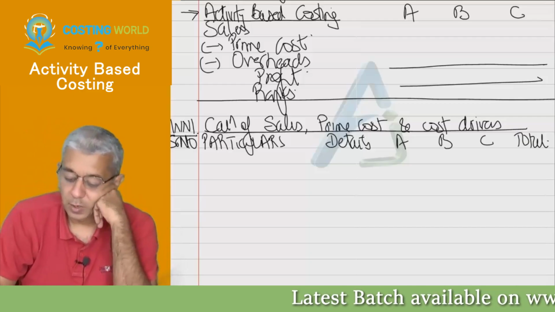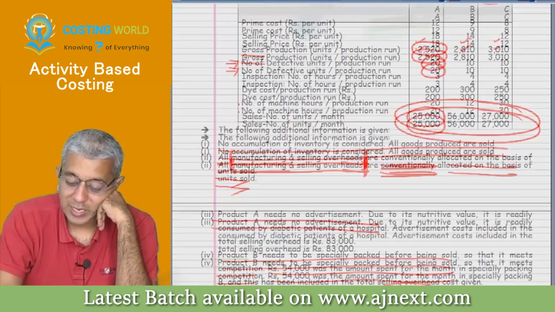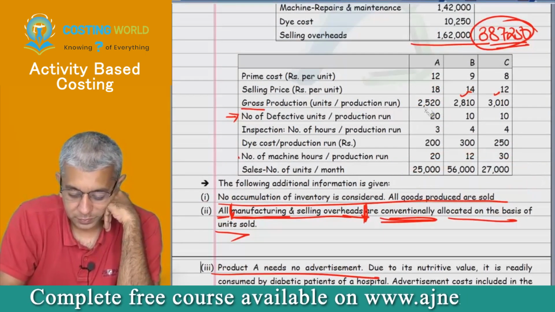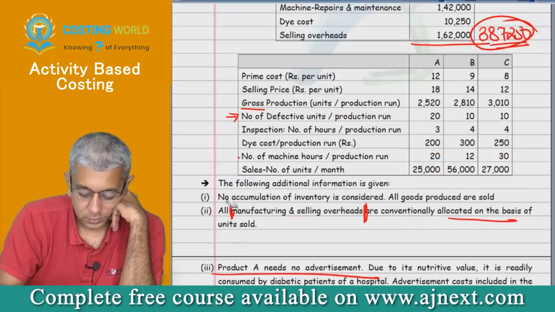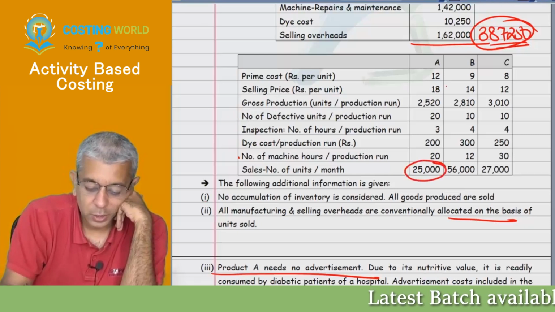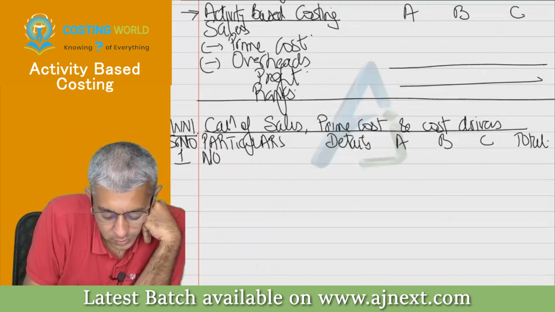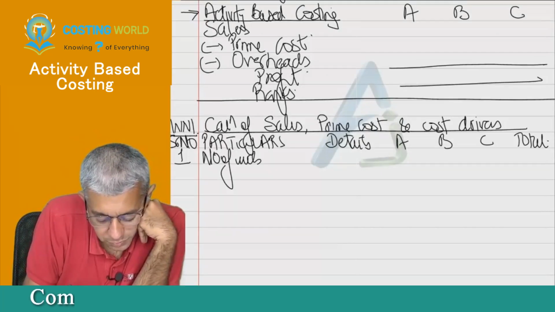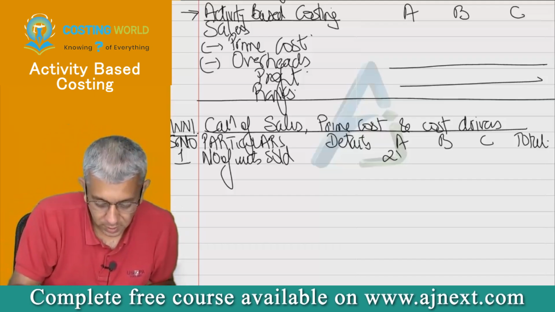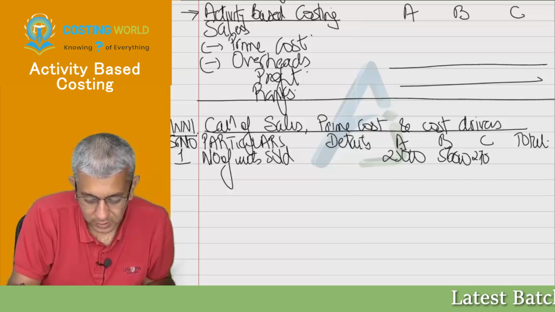Listen. Now everybody will tell me from the textbook itself. Tell me product A sales in rupees will be what into what, beta? 25,000. That is the number of units sold into the selling price. So that's what I'm going to be writing over here. 1: number of units sold, 25,000, 56,000, 27,000.